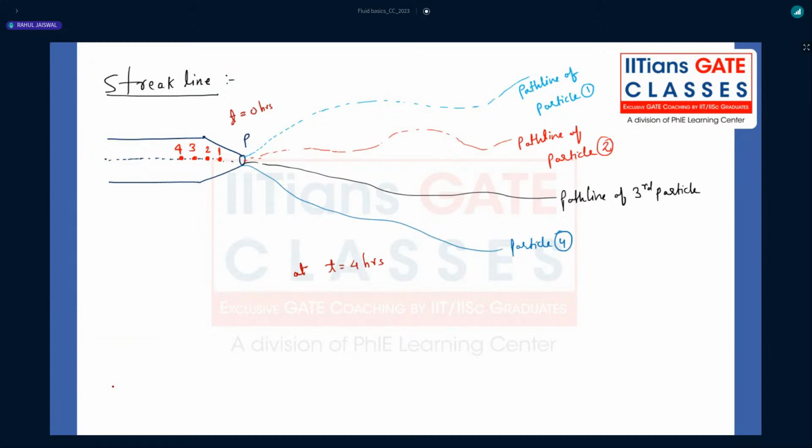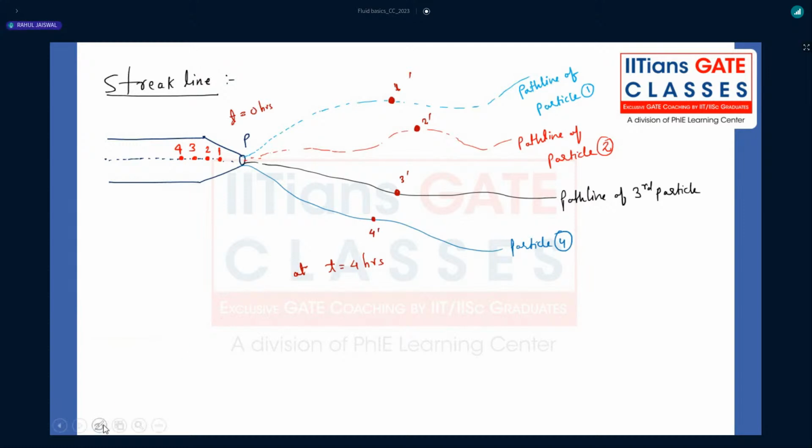After 4 hours, what is the position of the particles? You will say particle number 1 is here, particle 2 is here, particle 3 will be here, and particle 4 is here.